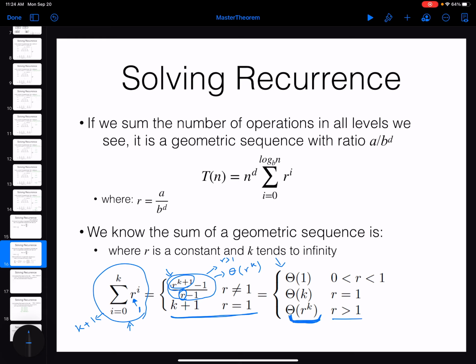So what would happen if the value of R is less than 1? Just make sure you know the ratio should be something positive. It can be greater than 1, it can be less than 1, it can be equal to 1. If the ratio is less than 1, go back to this formula again. By increasing the power, this value is approaching 0.